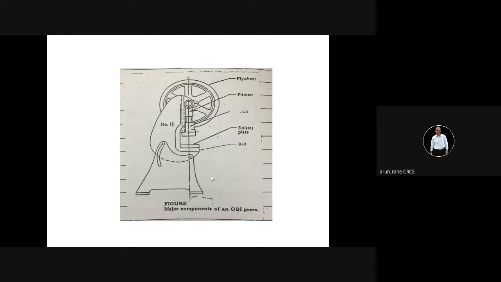This is an OBI press, that is open back or open bed inclined. So look at this. This is a hinge across which this press can be tilted.